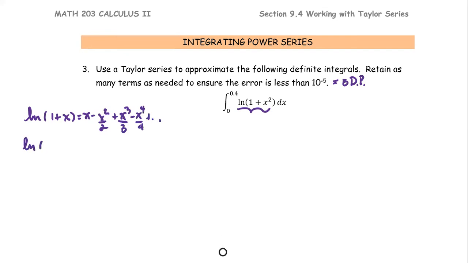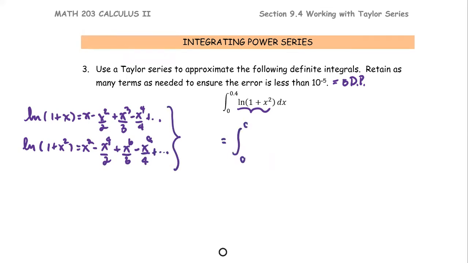So the natural log of 1 plus x squared is of the form x squared minus x to the fourth over 2 plus x to the sixth over 3 minus x to the eighth over 4, and so forth. Then replace it into the integrand of the problem.